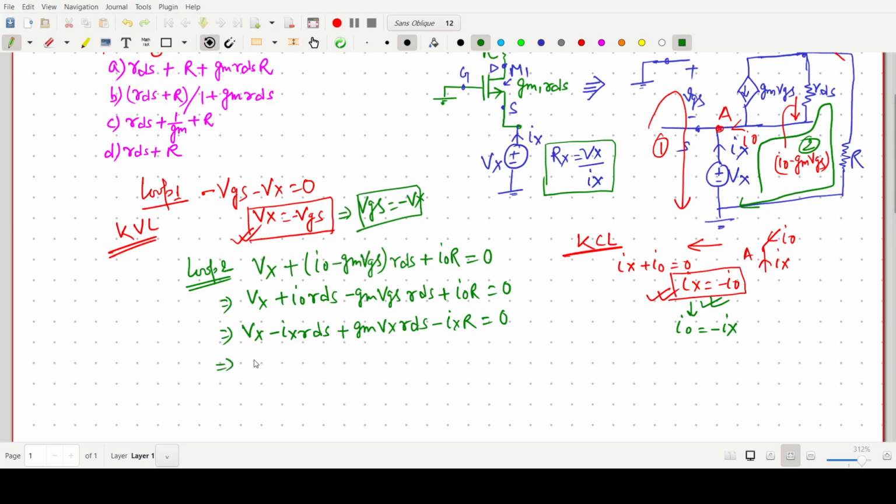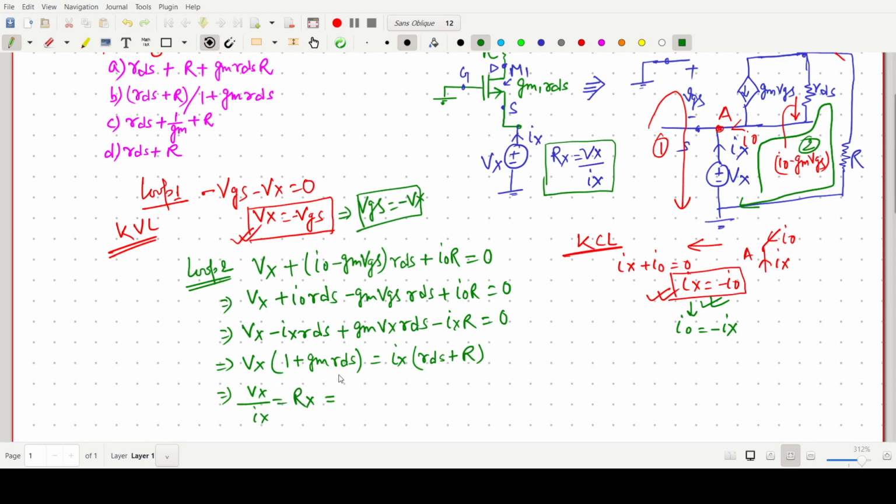So now, if we take Vx common, then one can write 1 plus Gm RDS. Taking the Ix term on the right hand side, I am taking the common Ix, so it should be Ix RDS on the right hand side plus Ix R. So Ix taking common, it should be RDS plus R. Now we have to find Vx by Ix, which is nothing but simply our Norton equivalent resistance.